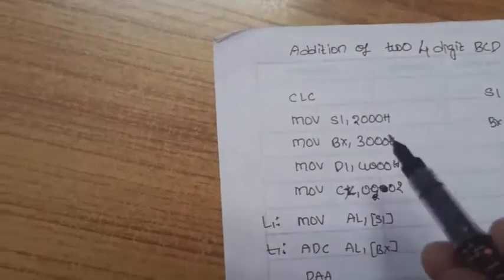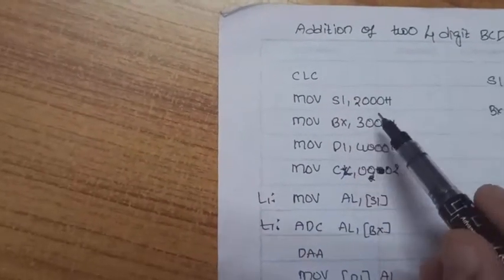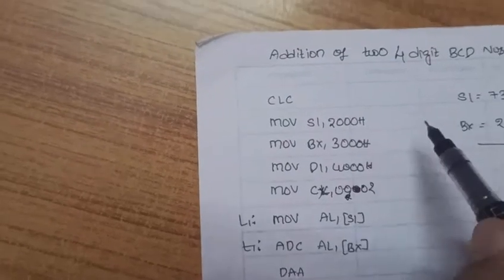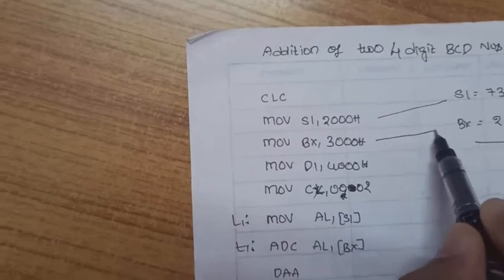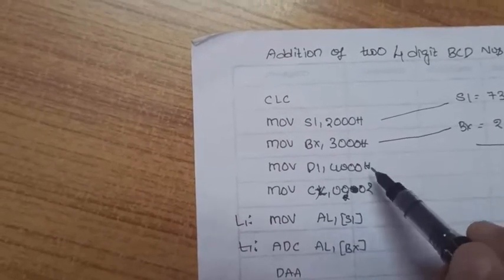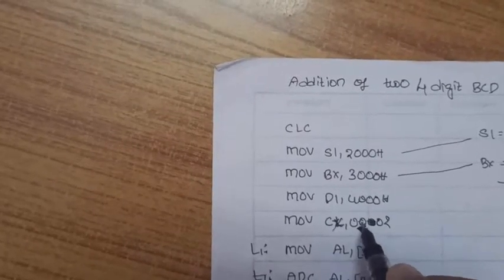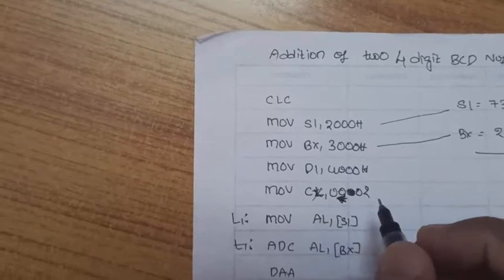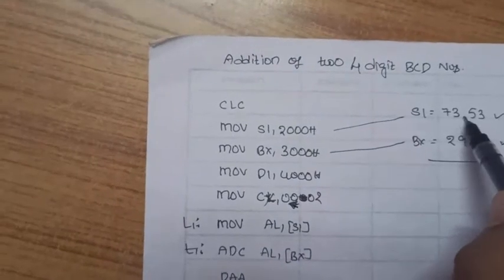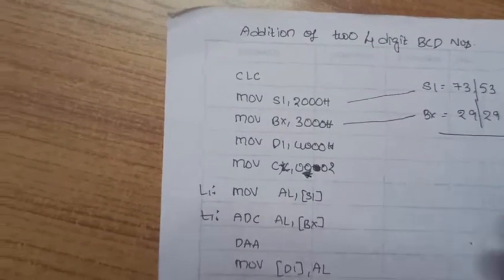First I am clearing the carry flag, CLC, then MOV SI, 2000 for providing input 1, BX 3000 for providing input 2, and DI 4000 for storing the data, and then MOV CX, 0002. It gives you the count, based on how many bytes we are dealing with, so 2 bytes in the data.